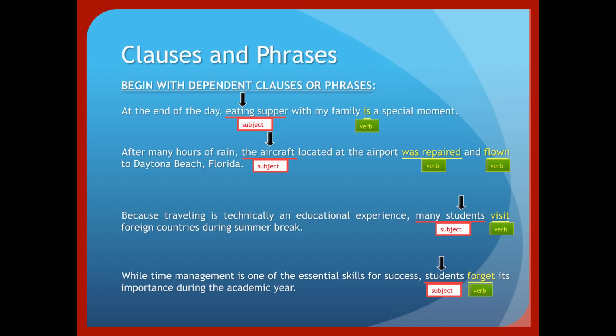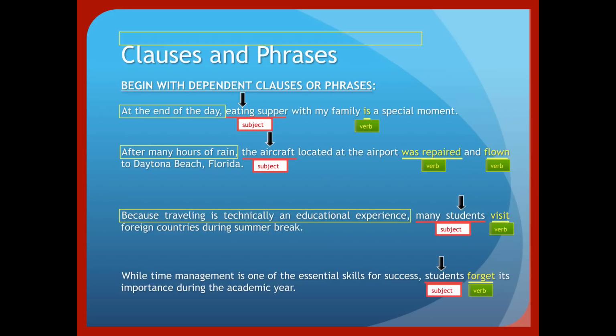For example, in these sentences, the main subject and verb are delayed because the sentence starts with either a dependent clause or a phrase such as: at the end of the day, after many hours of rain, because traveling is technically an educational experience, while time management is one of the essential skills for success.